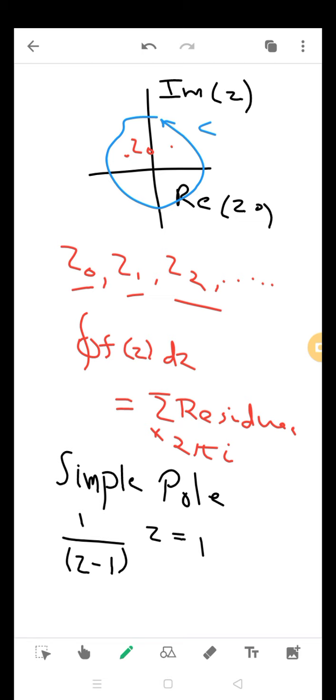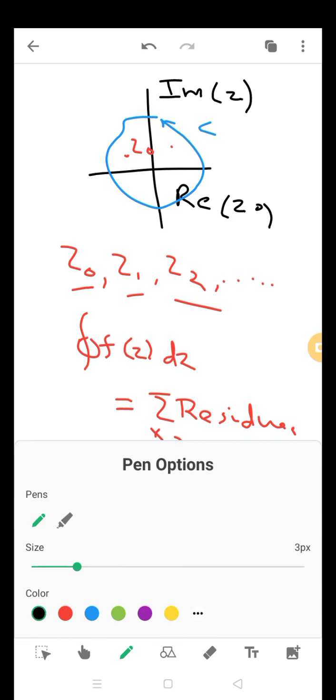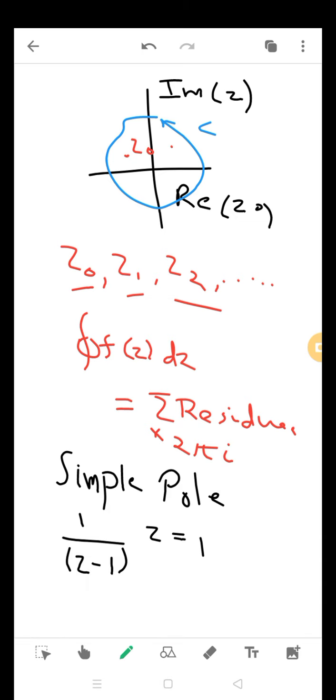So this is a simple pole, but had it been (z minus 1) to the power of any k, then it would have been called a pole of order k. Now why is this important? Because the residue is in fact different for these two poles. In fact, a simple pole is one of the special cases of a pole.